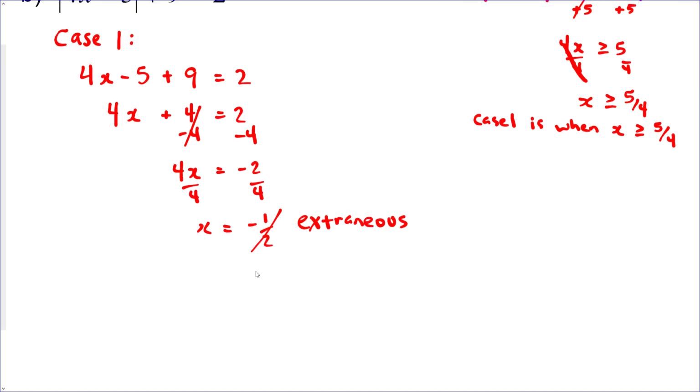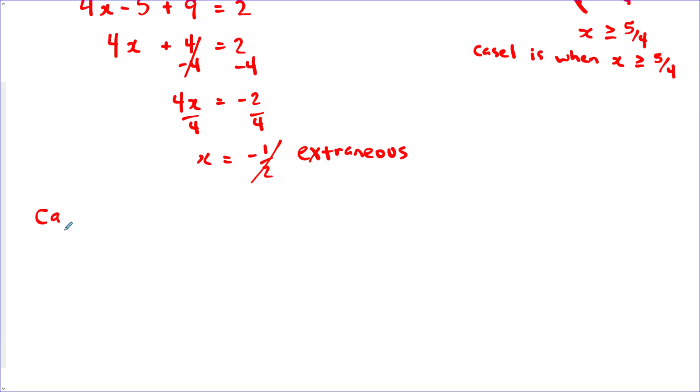Next, let's try case number 2. Case 2 happens when x is just the opposite of this, when x is less than 5 over 4. When we drop the absolute value brackets this time, we're going to multiply it by negative.